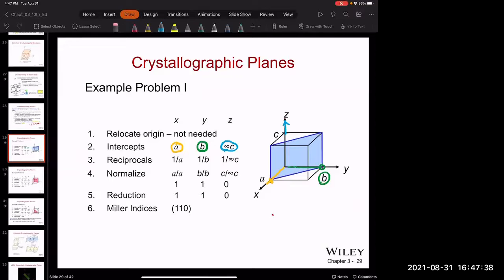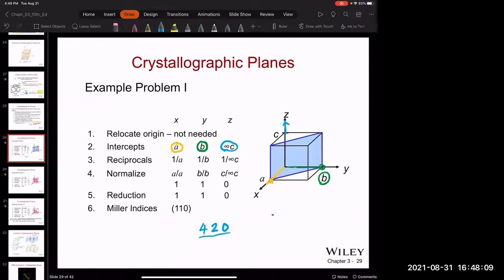Now, if we can find a common integer between those numbers, let's say, for example, you have the final result to be 5, 4, 2, and 0. I can divide this number by 2 and still give me an integer, right? So we want the simplest integer to represent the plane.